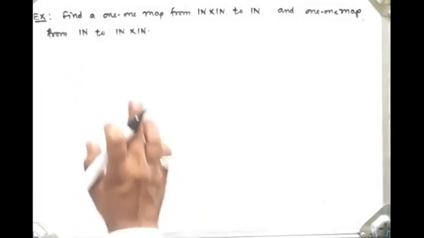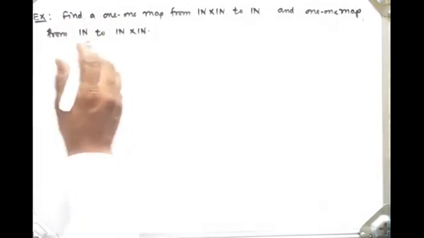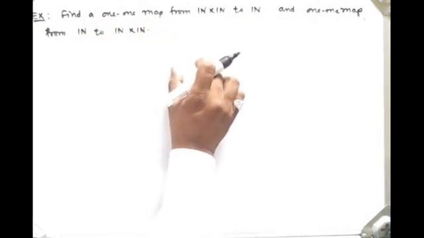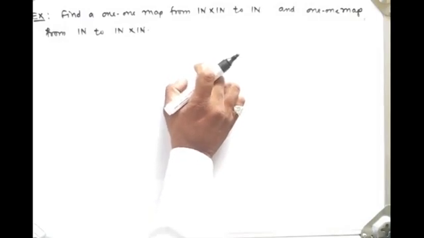So we will define the function which is one-one. One-one means if f of x is equal to f of y, then finally x is equal to y.